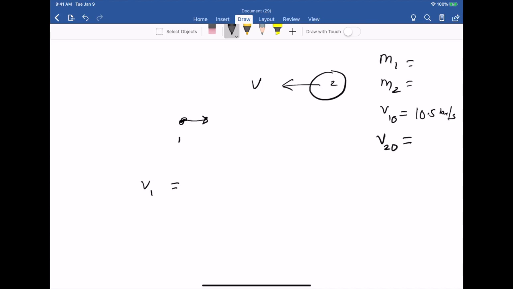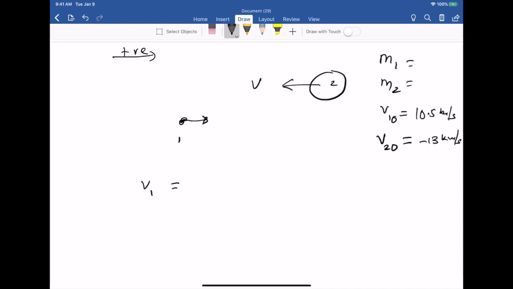And v20, the velocity of 2 before the collision, the velocity of Jupiter, is negative 13 kilometers per second. Notice that I am being careful with signs. I've chosen a sign convention in which right is positive. That's why I gave v10 a positive sign and v20 a negative sign: negative 13 kilometers per second.